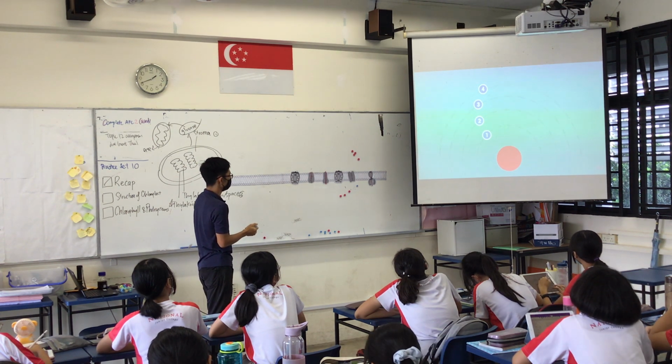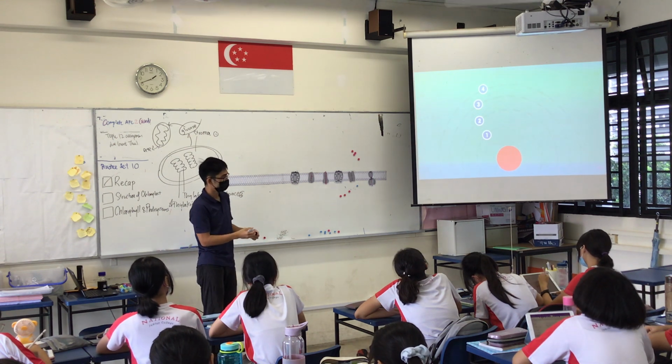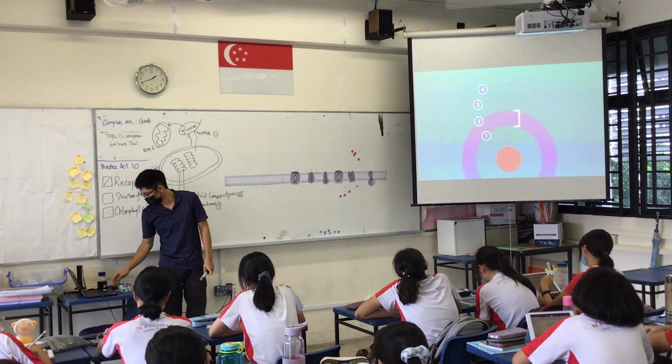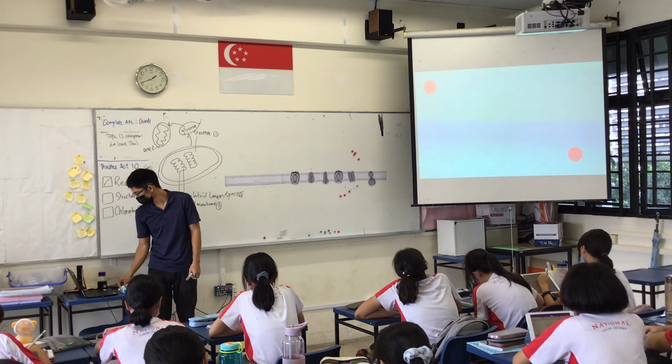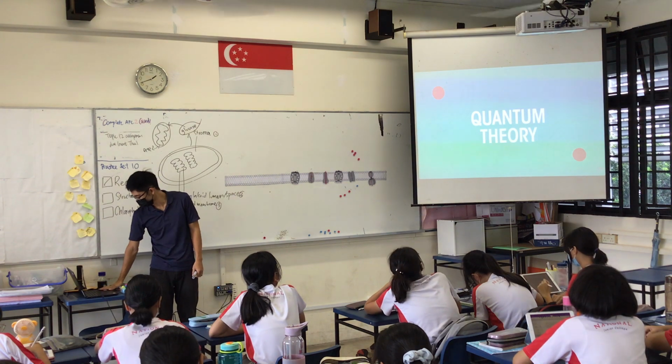Electrons may move from lower to higher energy levels if they receive an amount of energy exactly equal to the size of the energy gap. This is to do with quantum theory, which you may wish to research more by yourself later.